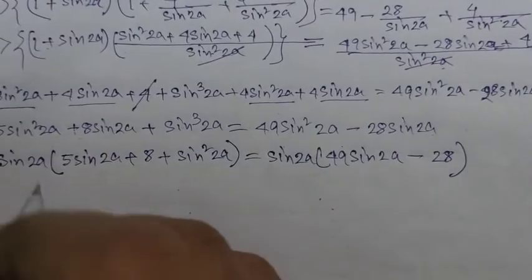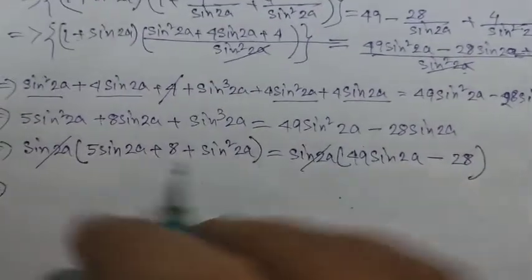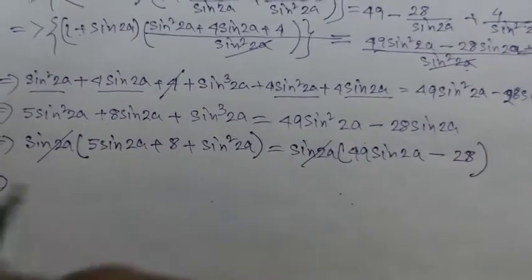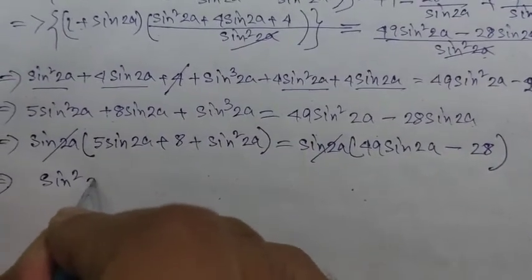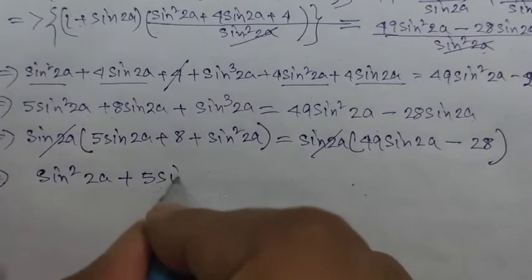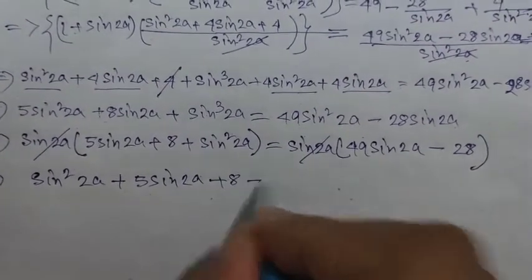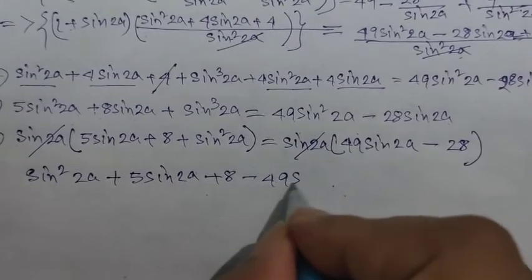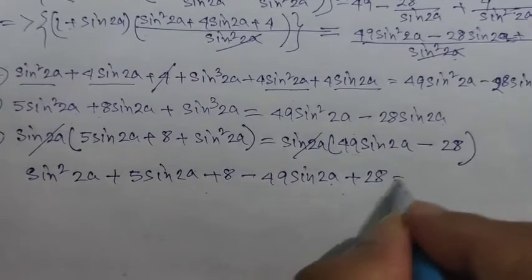Now next what to do? Sin 2A will be cancelled from both the sides. Now we need to arrange. So here we can write sin square 2A plus 5 sin 2A plus 8 minus 49 sin 2A plus 28 equal to 0.